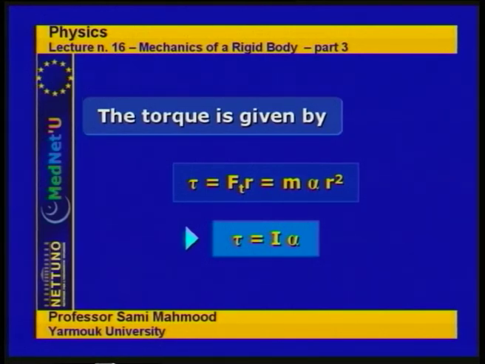So replacing mr square by the moment of inertia with respect to that rotation axis, we obtain the formula tau, the torque acting on this simple rigid body, is equal to I, the moment of inertia of that rigid body with respect to that axis of rotation, times alpha, which is its angular acceleration. So this formula is like Newton's second law, F equals ma, with m replaced by I, a replaced by alpha, and F replaced by tau, the torque. It's exactly the same shape.